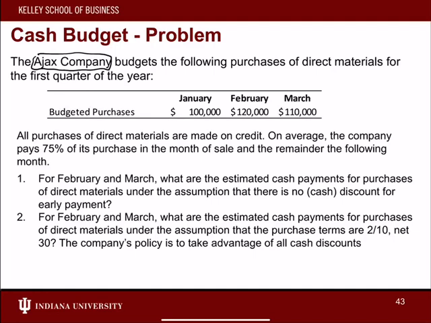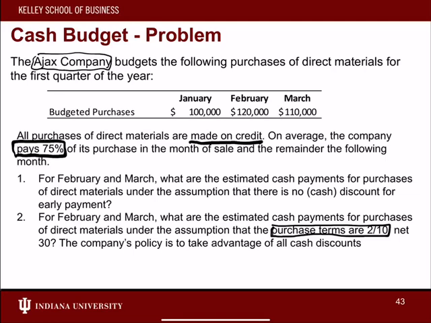For instance, we know they're made on credit. Direct materials made on credit. They pay 75% of the purchases in the month of sale, and the remainder the following month. And so we know there's purchase terms 2/10, net 30. So all this needs to be incorporated when you're actually creating your cash budget for these months.